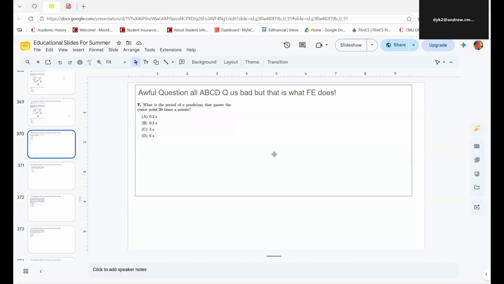What is the period of a pendulum that passes the center point 20 times a minute? Think about it for a second. 20 times, right? We're going for seconds, and there's 60 seconds in a minute. So if we're thinking about 20 times the revolution, we can just divide these two. There's 1 minute, not 20 minutes. You divide by 20, it's 3 seconds.